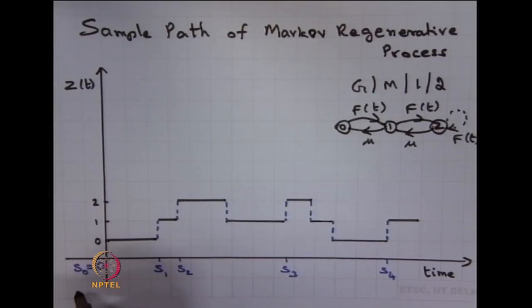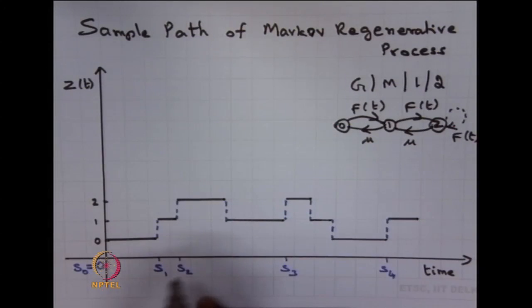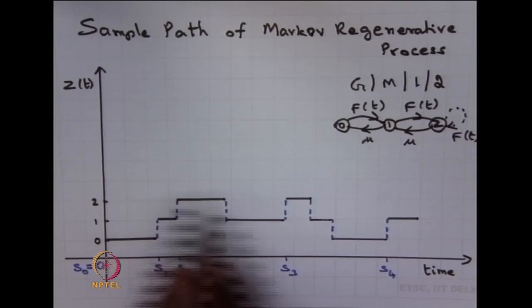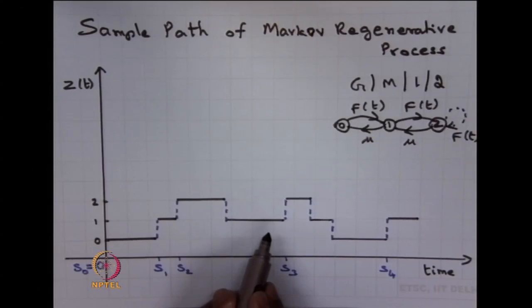Whereas, at the time instances S1, S2, S3, S4 and so on, these are all the time points at which the arrival occurs. At those time points, the memoryless property is satisfied. Even though the system is moving into different states in between the arrival time epochs. For instance, between the time epochs S2 to S3, the system moved from state 2 to 1.